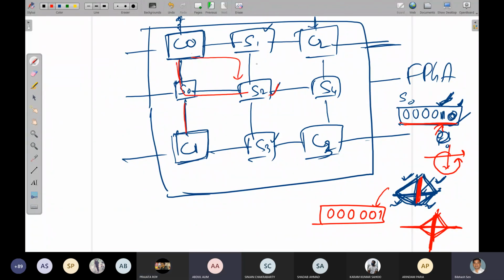Okay, sir. So for S0 we can write it as 0 0 0, then 1, then 0 0. Right. For S1, which way? This way or this way? From the S0, you would have to go to S2. Then the S0 coding will be 0 0 0 1.